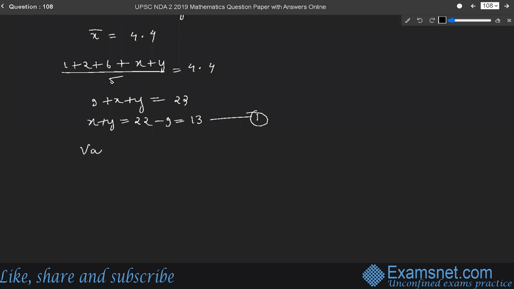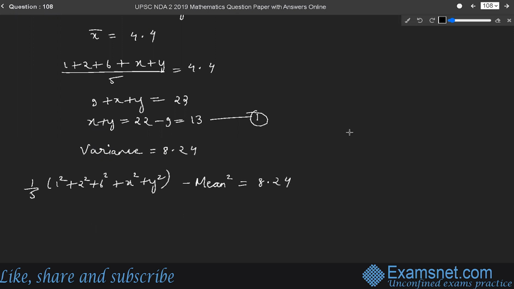We know that variance is also given in the question, which is 8.24. It implies 1 by 5 into 1 square plus 2 square plus 6 square plus x square plus y square minus mean square is equal to 8.24. So 1 by 5 into 1 plus 4 plus 36 plus x square plus y square minus 4.4 square will be equal to 8.24.